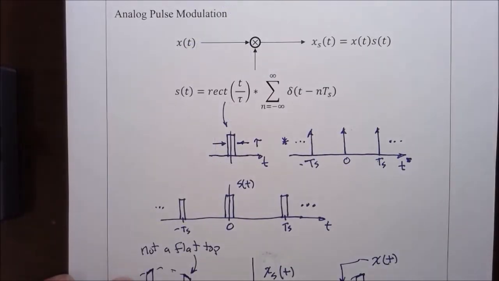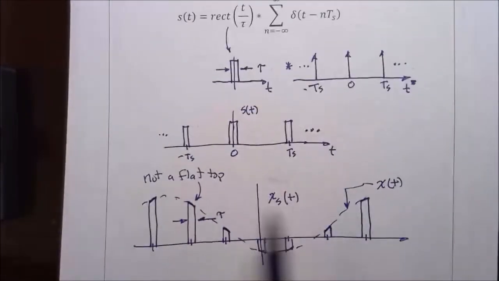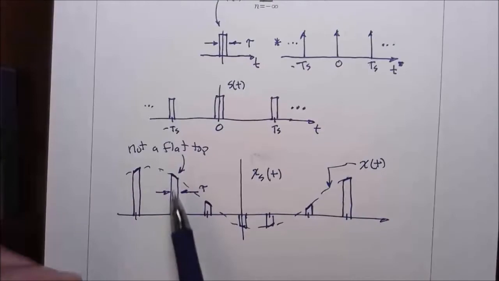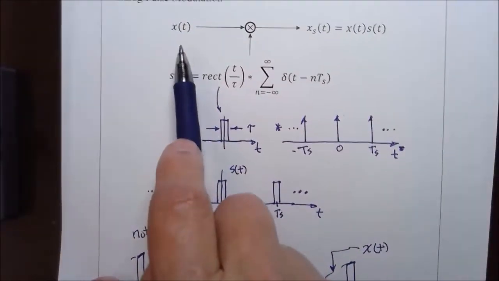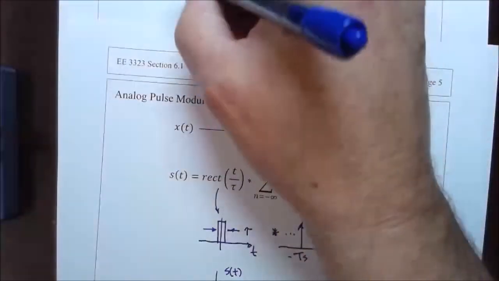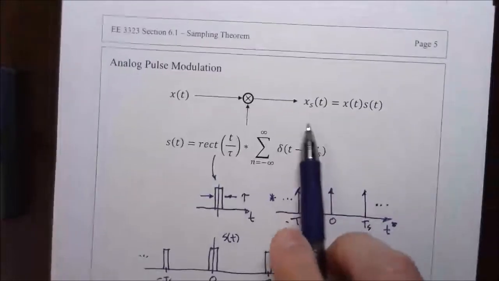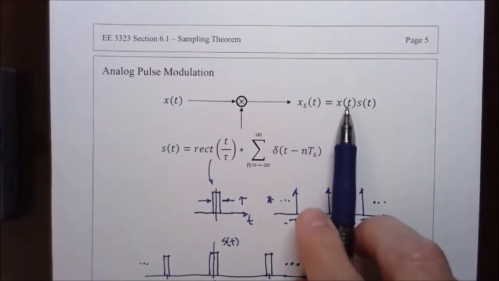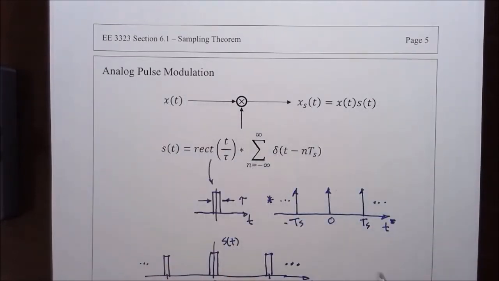Now I want to look at the spectrum of this sampled signal, with these natural rectangle tops. They're not flat; they take the shape of the message signal. So if I want to find the spectrum, I'll take the Fourier transform. That will give me capital X of f equal to the Fourier transform of the product of x of t multiplying this sampling function.